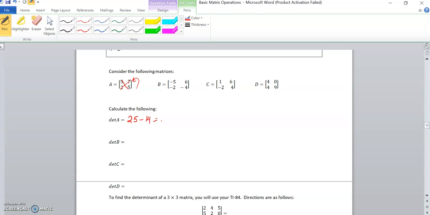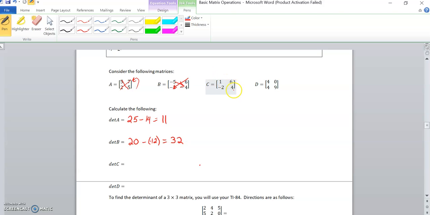So the determinant of A is 11. Determinant B, so negative 5 times negative 4 is 20, minus 6 times negative 2, excuse me, minus negative 12, or 32.